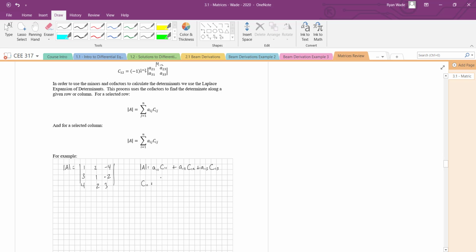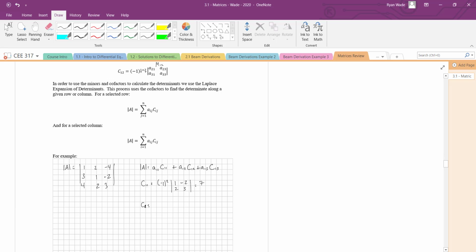So C11 is going to be equal to negative 1 to the power of 2, right? 1 plus 1 times the determinant of the minor. In this case, if we get rid of 1, 1, it's going to leave us with 1, negative 2, 2, 3. And that's going to be equal to 7.